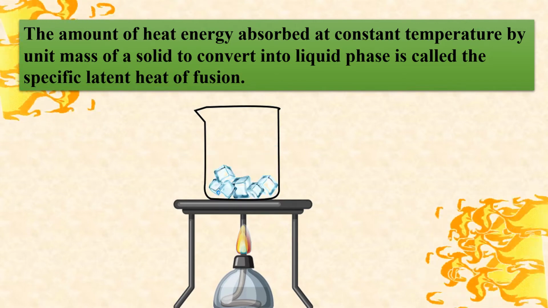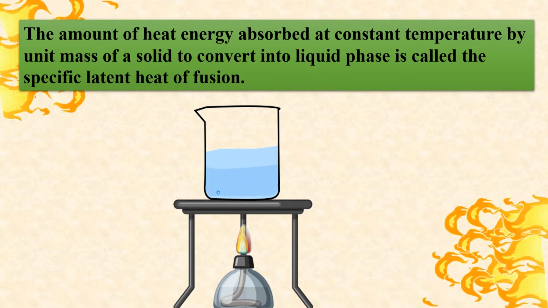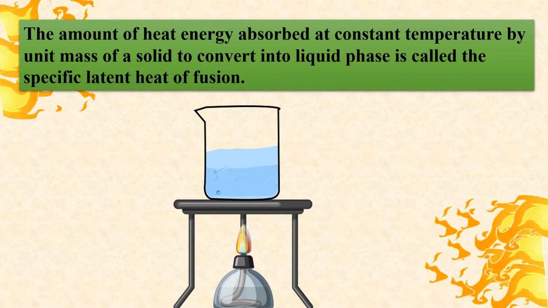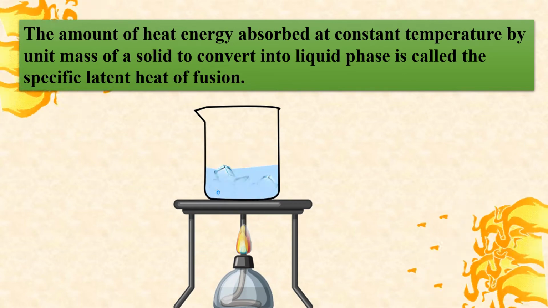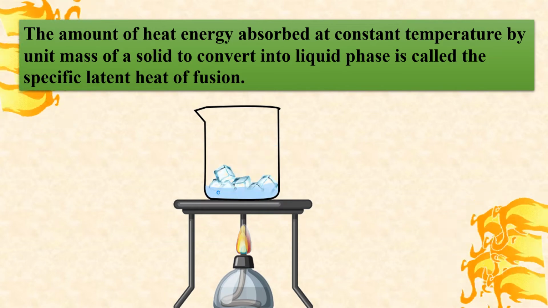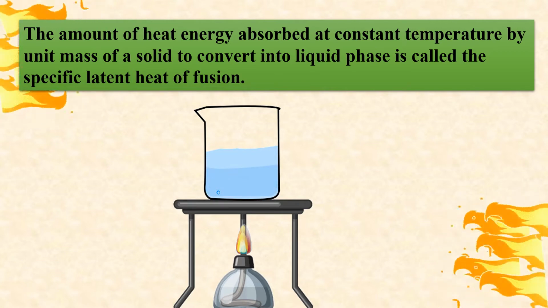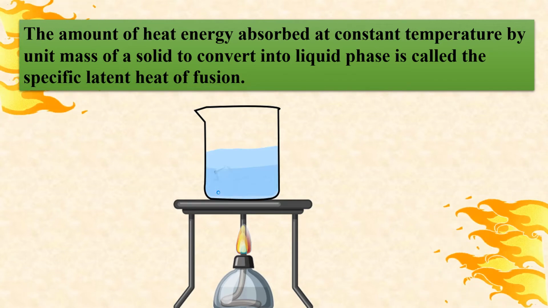Okay, you cannot write it down in your own words. So pay attention to what I am saying and listen to it carefully. The amount of heat, कितनी heat absorb हो रही है at constant temperature by unit mass of a solid to convert into liquid, solid to liquid, ठीक है, phase is called the specific latent heat of fusion.